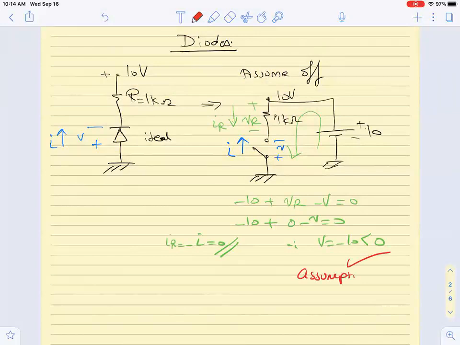Because we agreed that we set I diode to 0, then we solve, and then we check that V diode is negative, which is correct.